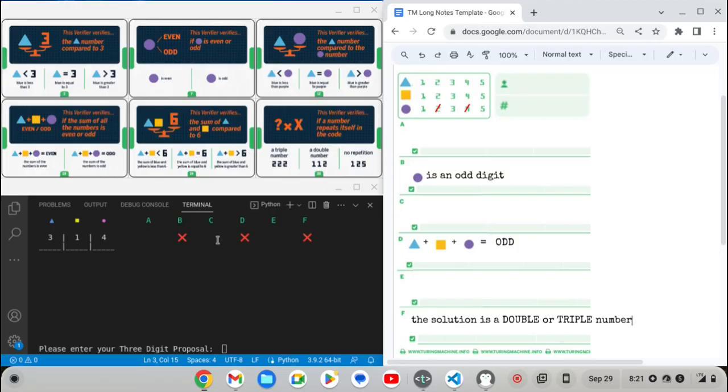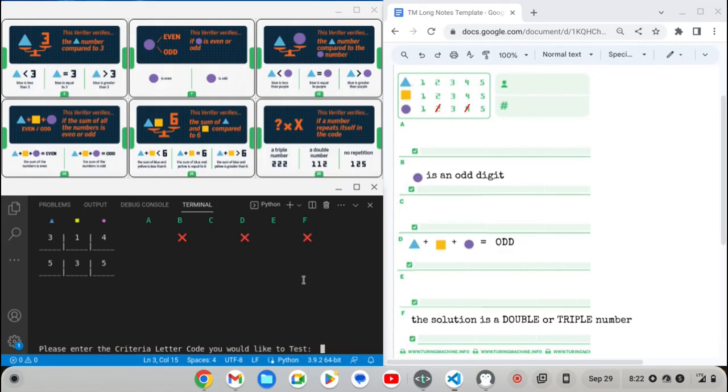If indeed triangle and circle are equal, that would definitely maybe point toward an all odd solution. Yeah, let's go ahead. Let's try something like 535. I'm thinking that maybe, yeah, triangle and circle are equal, but perhaps their sum is going to be greater. I'm not sure. So let's go ahead and try 535.